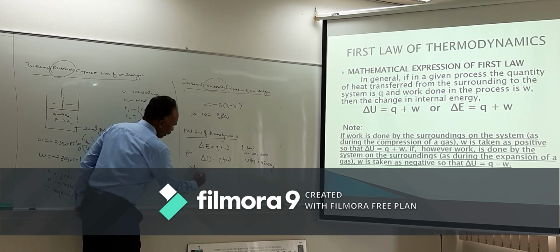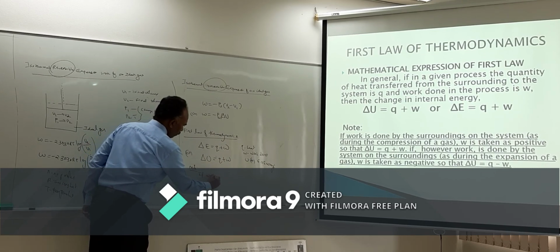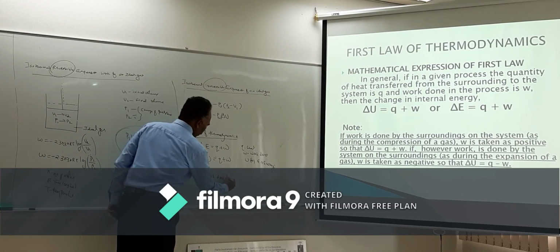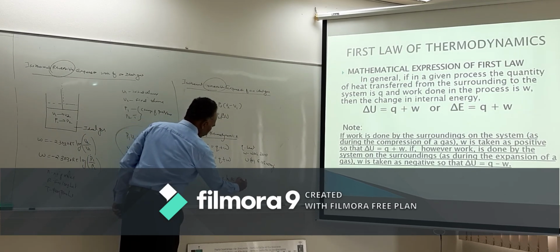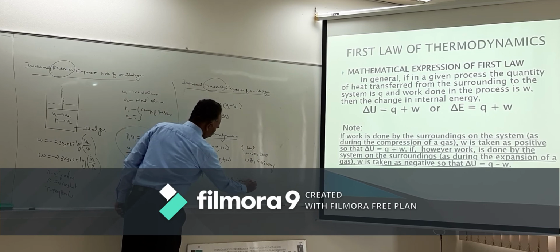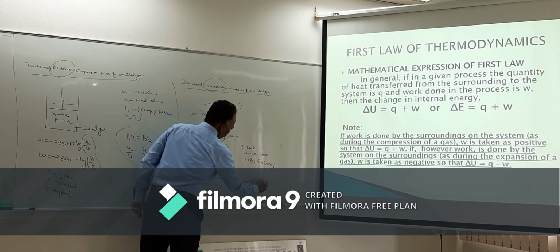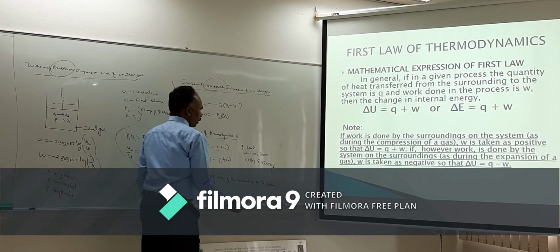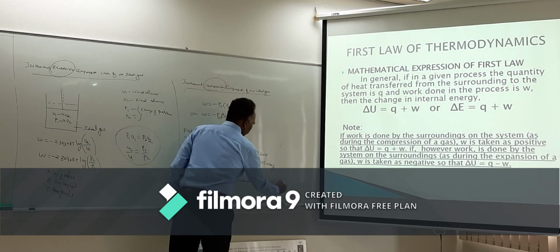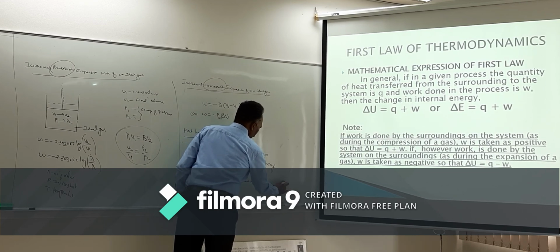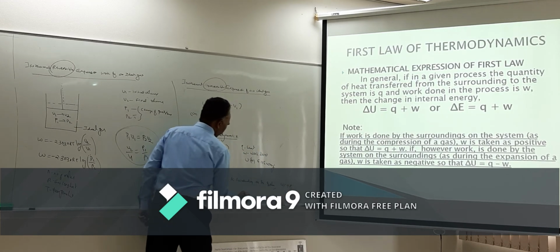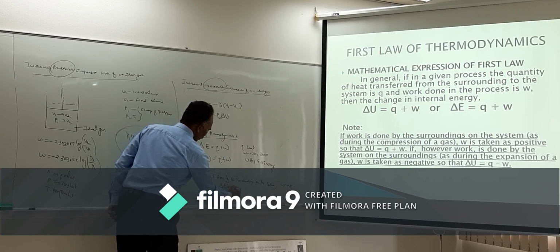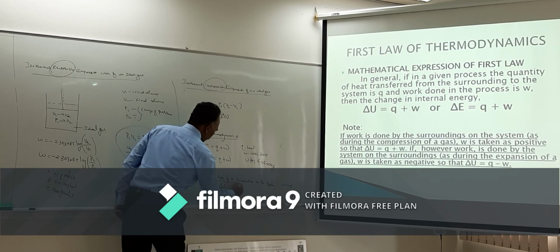Note, if work is done by the surrounding on the system, then W is positive. That is delta E is equal to Q plus W.